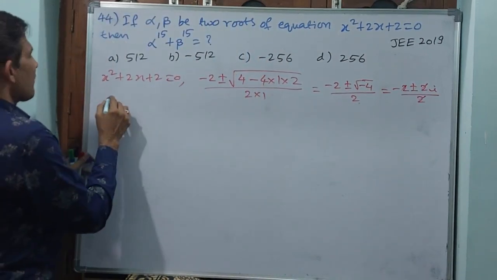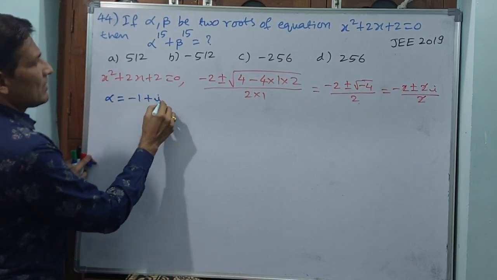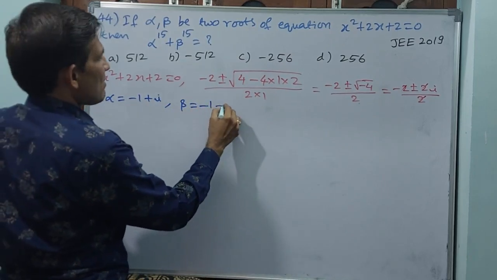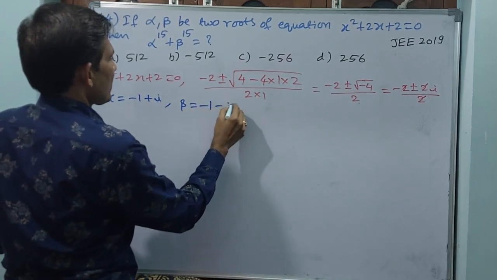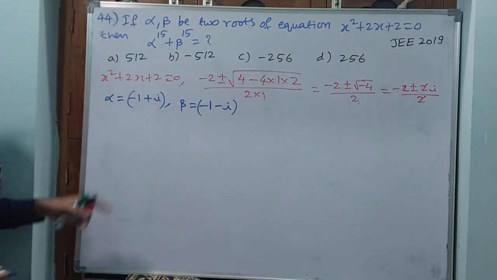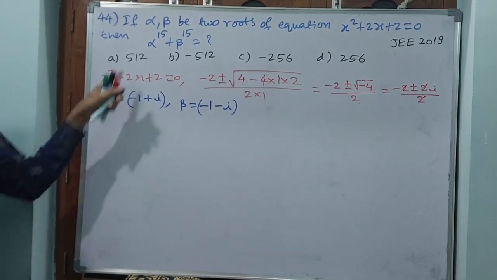Shall I take alpha is equal to minus 1 plus I, beta is equal to minus 1 minus I. Is it okay? These two are the roots.